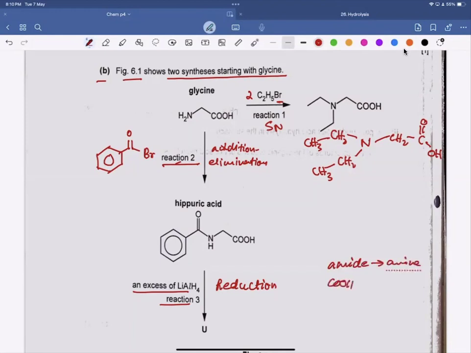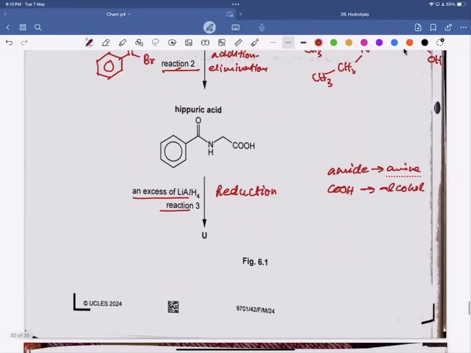And when there is a carboxylic acid, it is reduced to alcohol. Yes, very good, Maha. Okay. So it means that the most probable structure over here is that this C double bond O, this oxygen, has been removed, and we get an NH, and this carboxylic acid turns into alcohol.